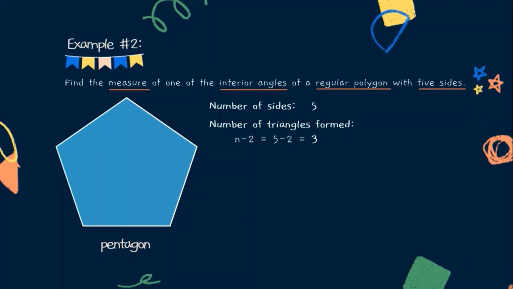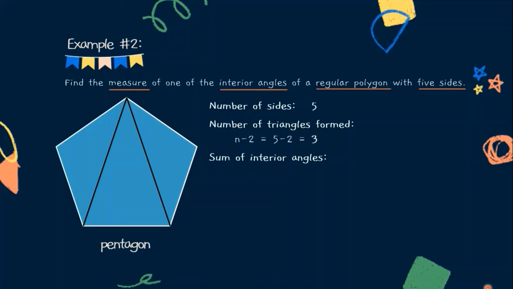Following the formula n-2, wherein yung n ay substitute natin ng kanyang number of sides, magiging 5 minus 2, which is 3. Kaya itong pentagon na ito ay makakabuo daw ng tatlong triangles. Checking it by drawing a diagonal from one vertex, we're able to form 3 triangles.